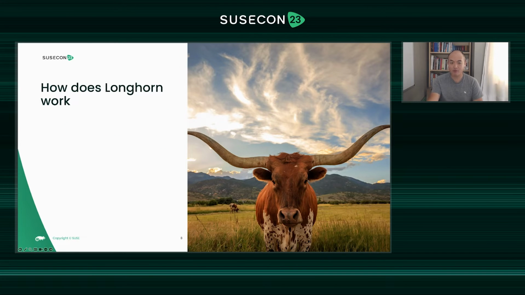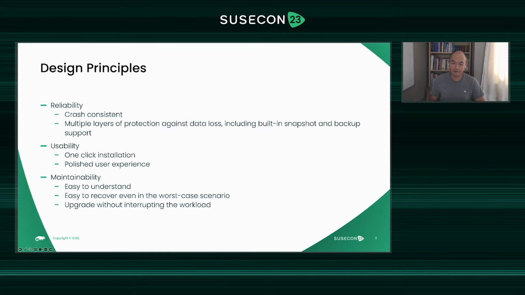But how does Longhorn work? There are a few design principles we built into the design of Longhorn. The first thing is we wanted Longhorn to be reliable. This is storage. So Longhorn is designed to be crash consistent, and we also have multiple layers of protection against data loss, including a built-in snapshot mechanism and backup support.